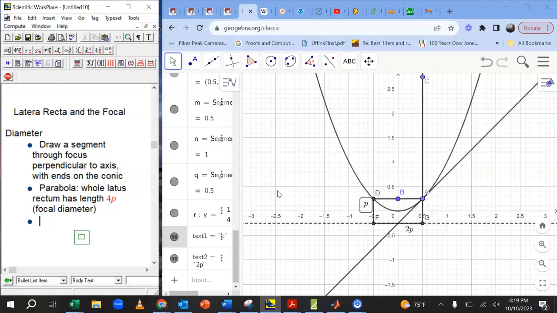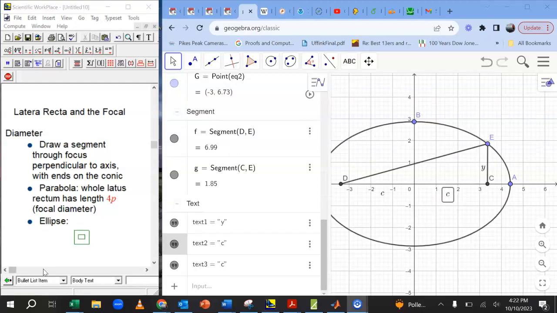So let me turn to a more complicated issue of how you figure out the focal diameter and the properties of the latera recta, because there will be plural ones now, for an ellipse and a hyperbola. It's actually a very pretty story, but the algebra is significantly more complicated.